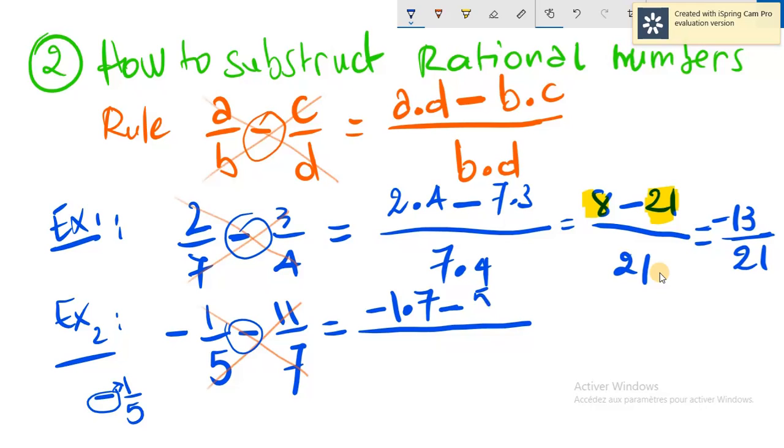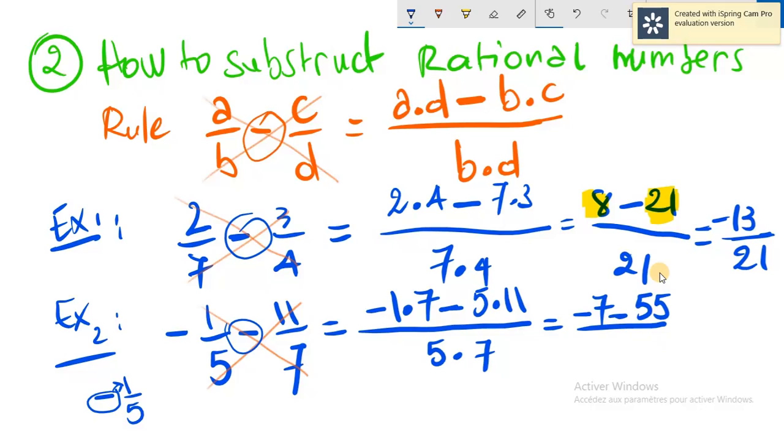As denominators, you have 5 and 7, so you need to multiply them: 5 times 7. So negative 1 times 7 is negative 7, minus 5 times 11 is 55, divided by 5 times 7, which is 35.